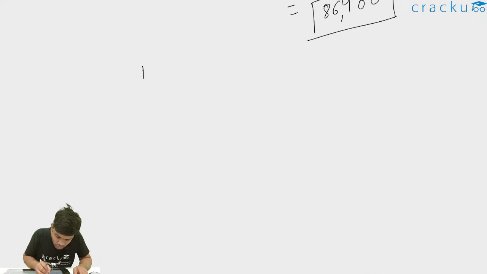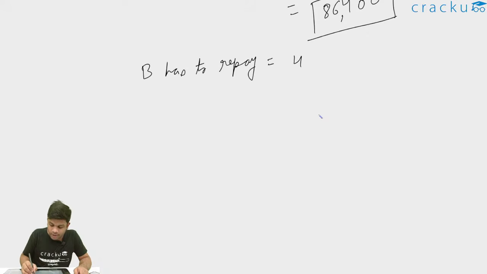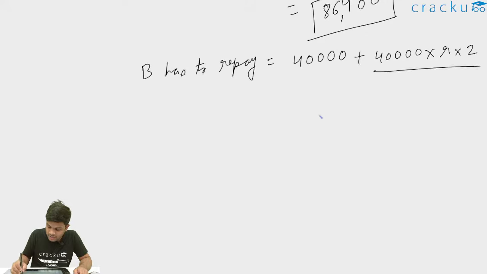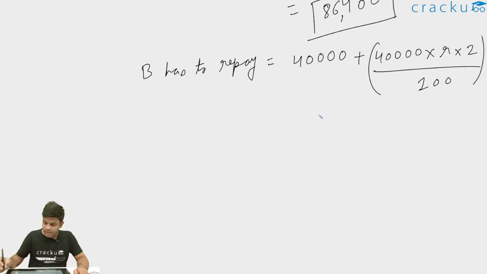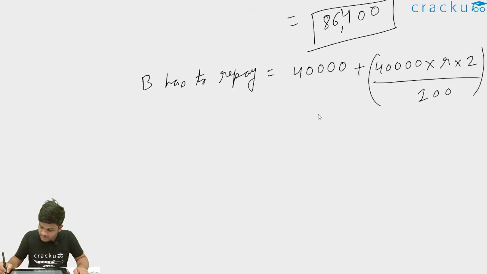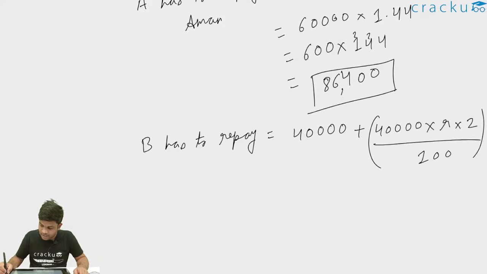So the amount of money B has to repay will be equal to 40,000 plus 40,000 into R into T by 100. Why I added here? Because there is a major difference between compound interest and simple interest.